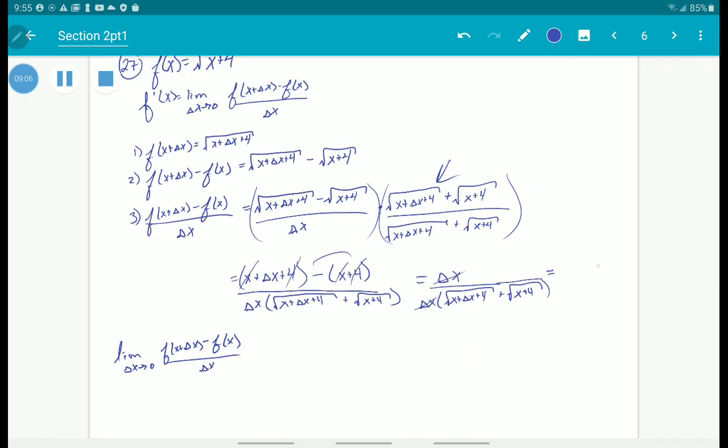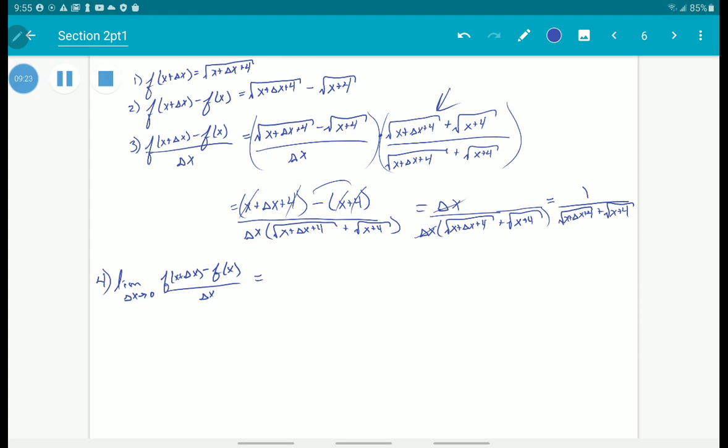So now we have 1 over the square root of x plus delta x plus 4, plus the square root of x plus 4. So now step 4, we're taking the limit as delta x goes to 0 of that guy.